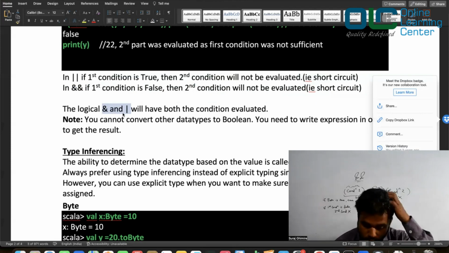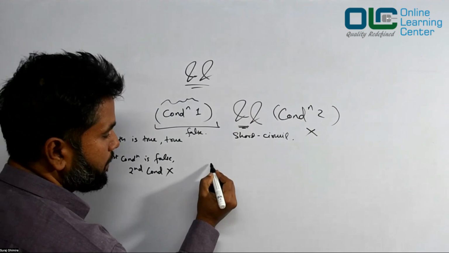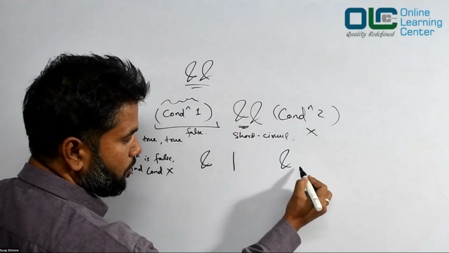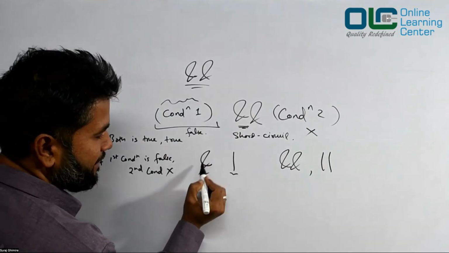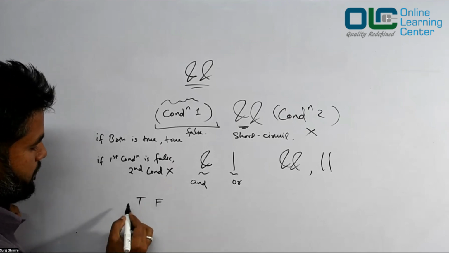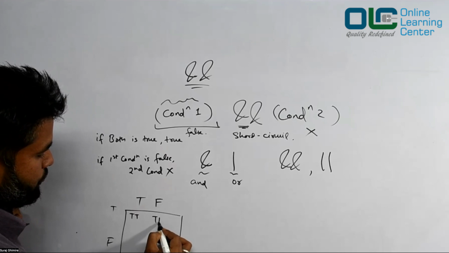And what does the logical operator say? The logical operators are this, and the short circuit operators are this. The logical operator, this is AND, and this is OR. Let's create the truth table: true, false, true, false, true, true, true, false, false, true, false, false.